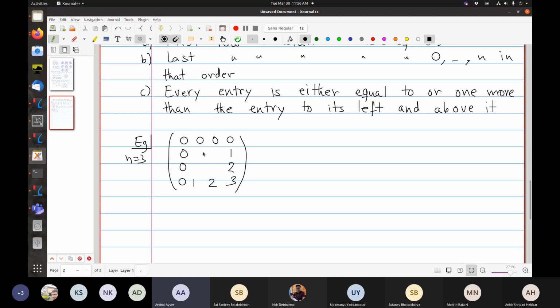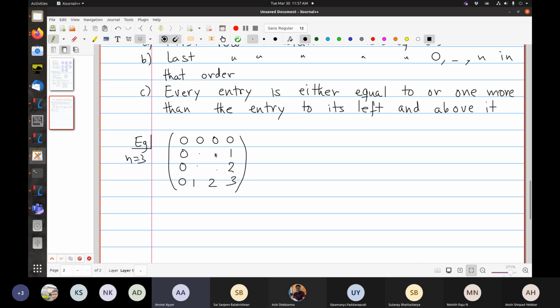So for example, here you can get a 0 or a 1. There are 4 entries to fill. So this entry can be at most 0 or 1. And then this entry can be at most 0 or 1.